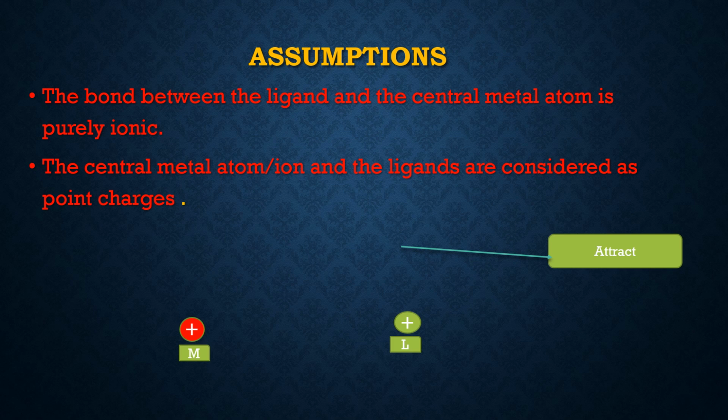What is meant by point charges? Point charges means whether your metal has any plus or minus charge on the outer side, and whether your ligand has any plus or minus charge on the outer side. Especially this metal, as I said earlier, has a plus charge. The ligand has a minus charge in the outer orbital.